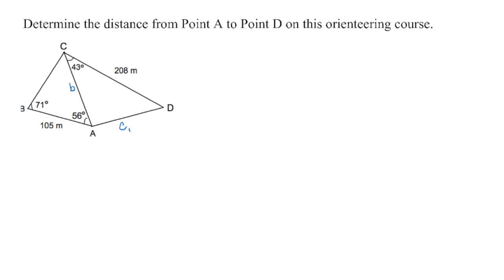Okay, so we've got 180 degrees in a triangle. Take off the 71 degrees, take off the 56 degrees that are given to us, and that will give us that last angle of 53 degrees. So I can fill in here, this is 53 degrees. We now have that pair of opposites. So I'm looking ultimately for B, which is opposite from 71, so I can take the sine of 71.